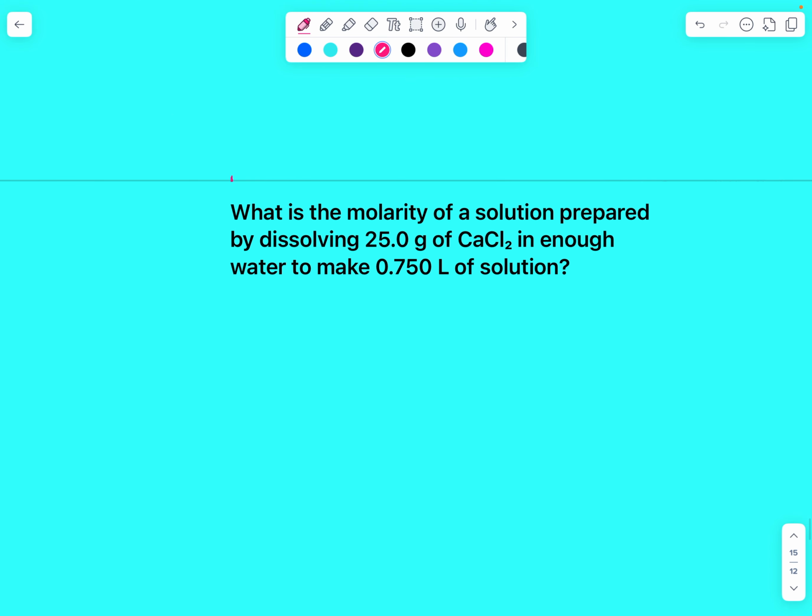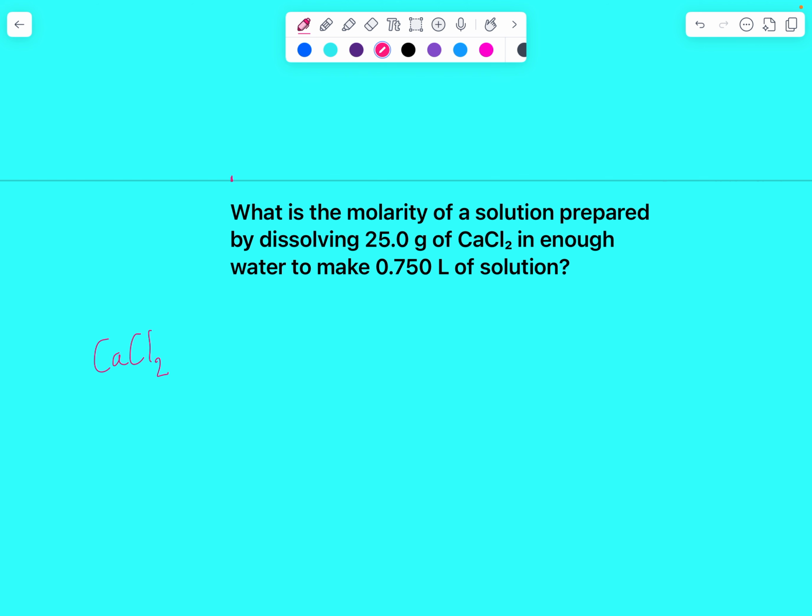What is the molarity of a solution prepared by dissolving 25.0 grams of CaCl2 in enough water to make 0.270 liters of solution? Okay, first things first, you gotta write your molar mass of CaCl2. Okay, so I'll do this one with you guys using a periodic table. I'm just gonna use it on my other device just because it's easier that way.